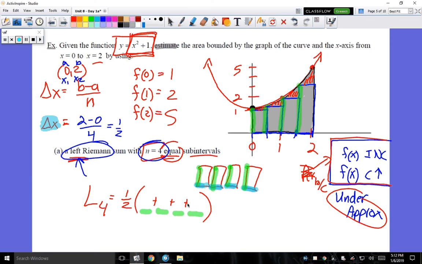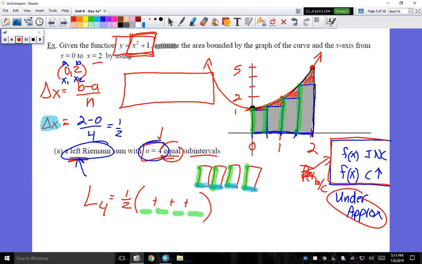Again, my biggest suggestion to you is to create the table rather than having all these f of whatevers all over the place. I only did that for visualization purposes to get the graph going, but ultimately what I would want you to do is see that you're going to create 4 subintervals, so you need 5 points.